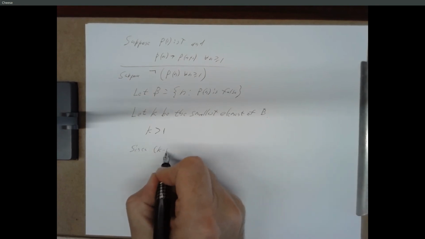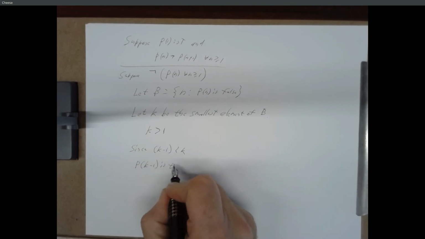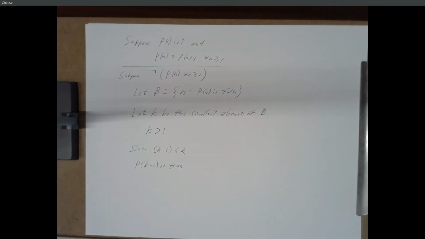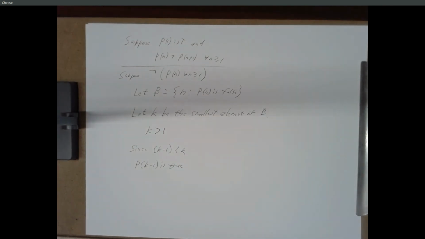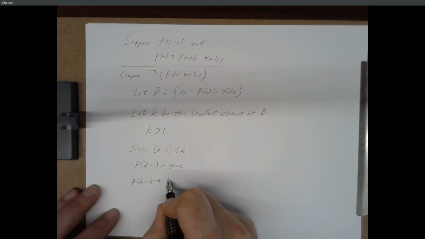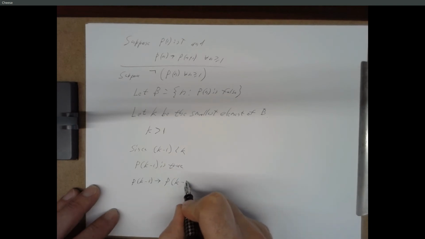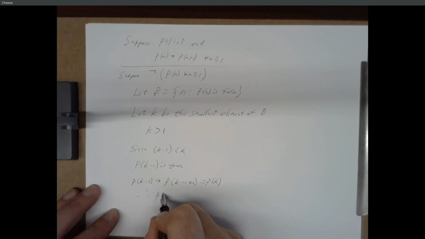Since K minus 1 is less than K, P of K minus 1 is true. Because if P of K minus 1 was false, then K minus 1 should be in our bad set, and it's smaller than the smallest element in B. Well, since P of K minus 1 is true, P of K minus 1 implies P of K minus 1 plus 1, which is P of K. Therefore, P of K is true.